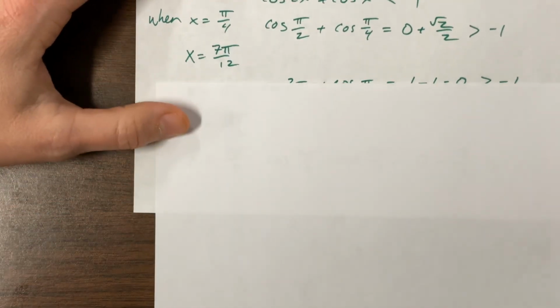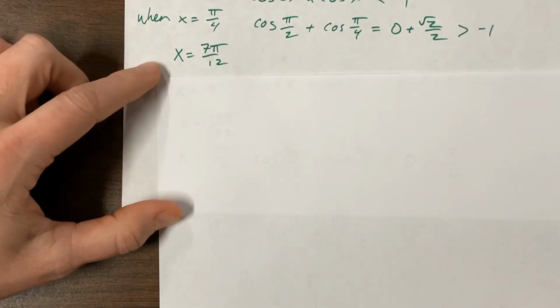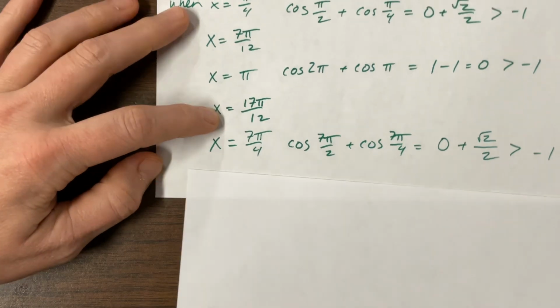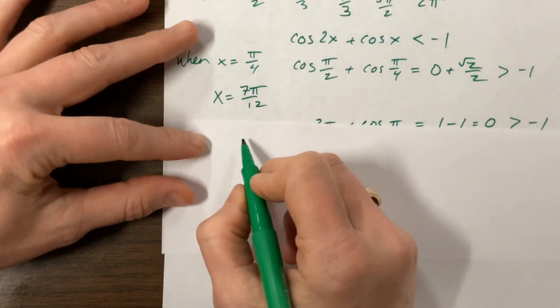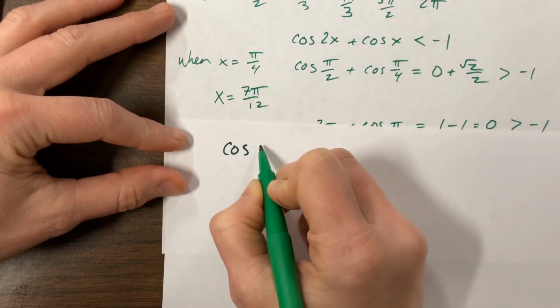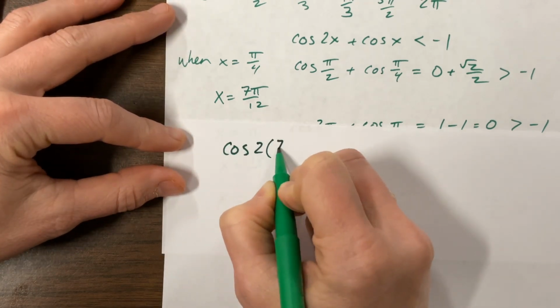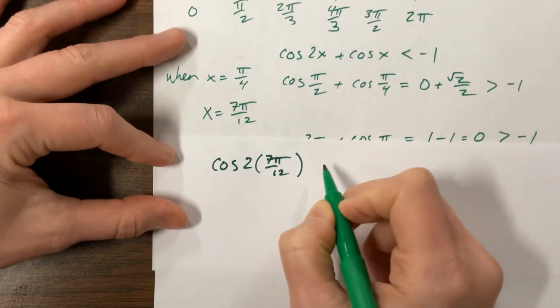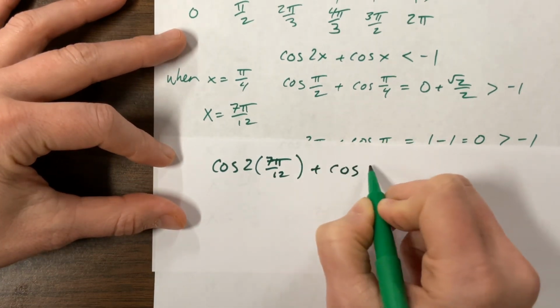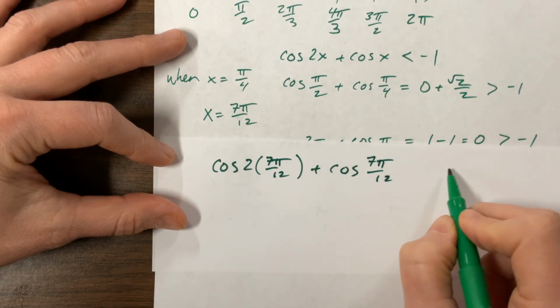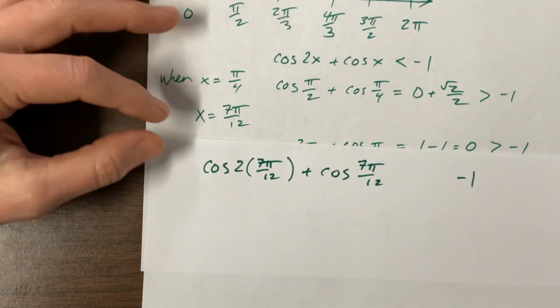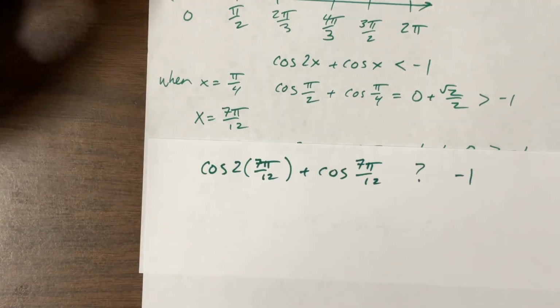Now we're looking at 7 pi over 12 and then 17 pi over 12. We could do the same process twice. We have cosine of 2 times 7 pi over 12 plus cosine of 7 pi over 12, and we're comparing that somehow to -1. Put a question mark so we know what we're doing.